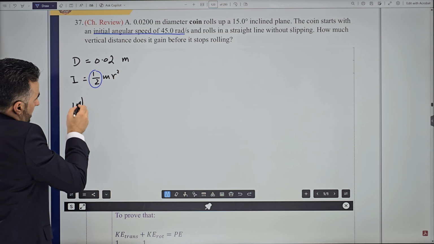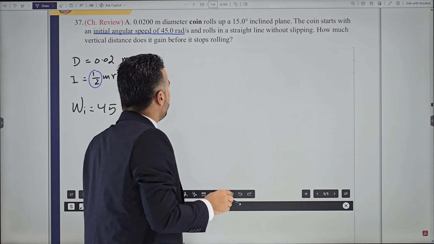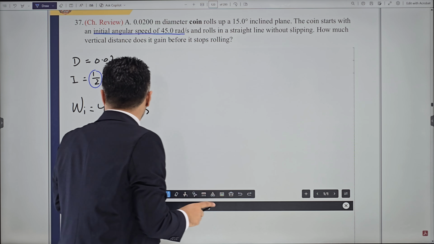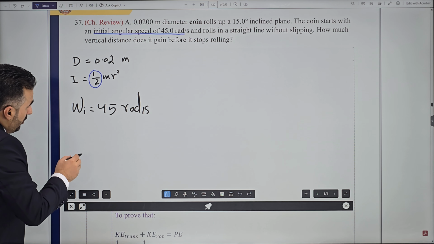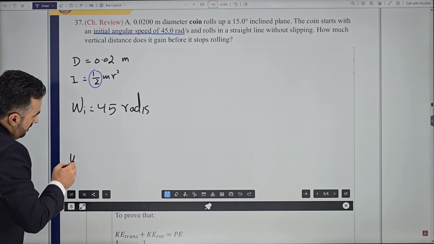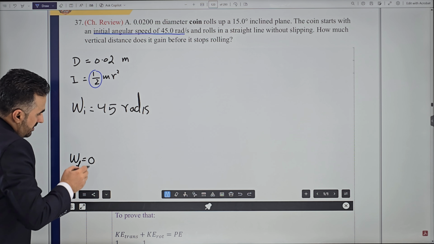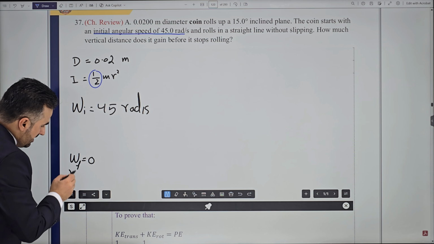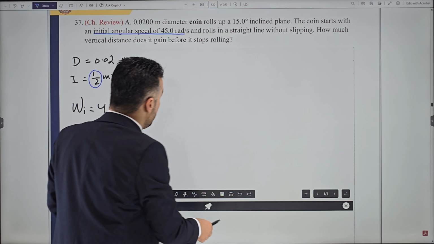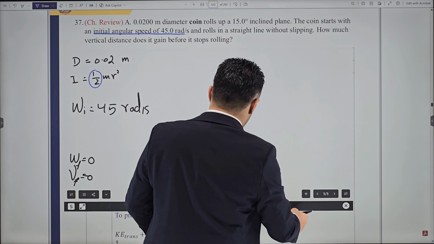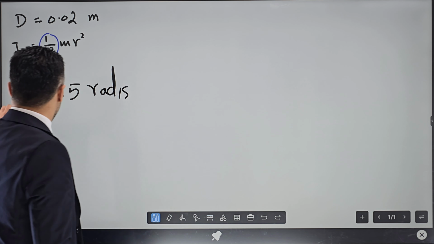How much vertical distance does the coin roll before it stops rolling? So how high will it go before it stops rolling? Before it stops rolling, that means omega final is going to be 0 here, which is the same as saying v final is the same. See the difference between this and that? So let's just expand this one and do this question together.